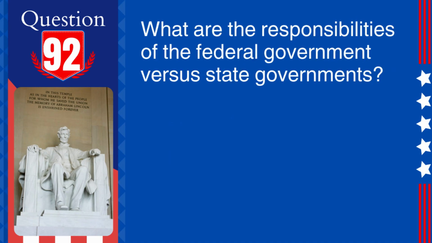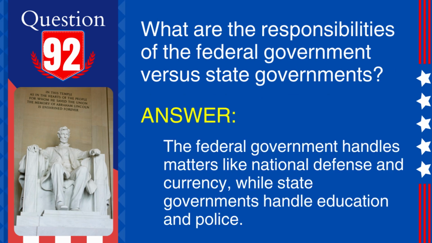What are the responsibilities of the federal government versus state governments? Answer. The federal government handles matters like national defense and currency, while state governments handle education and police. Explanation. The U.S. Constitution delineates powers between the federal and state governments, with certain responsibilities allocated to each level.